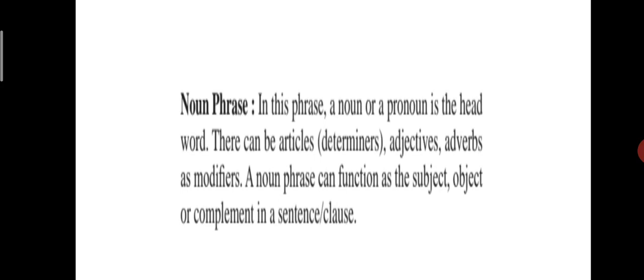In a noun phrase, the head word is a noun or pronoun, and articles, adjectives, and adverbs work as modifiers. A noun phrase can function as the subject, object, or complement in a sentence or clause. What is the structure of a noun phrase?